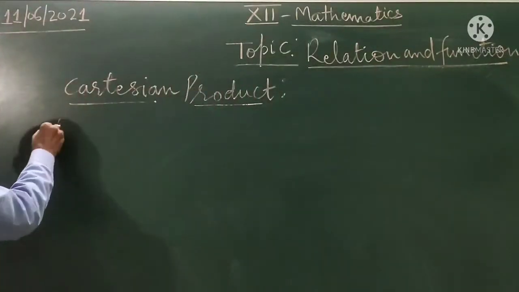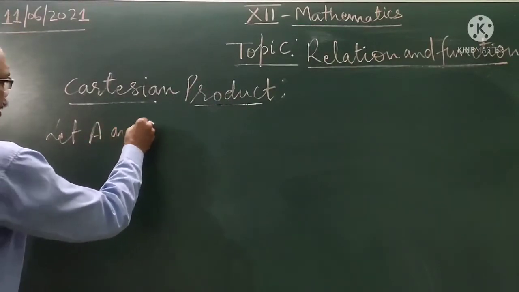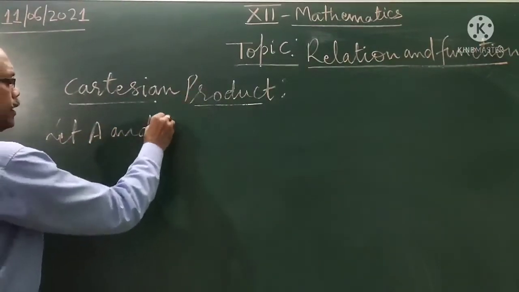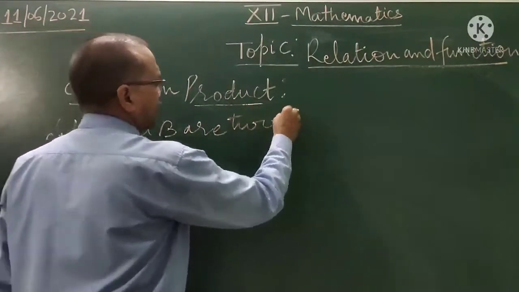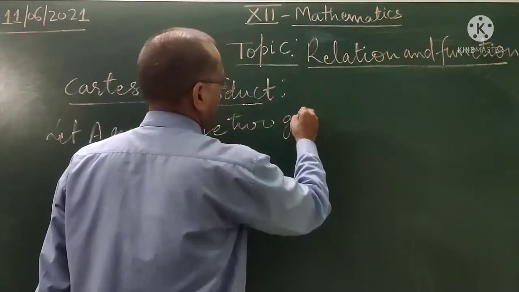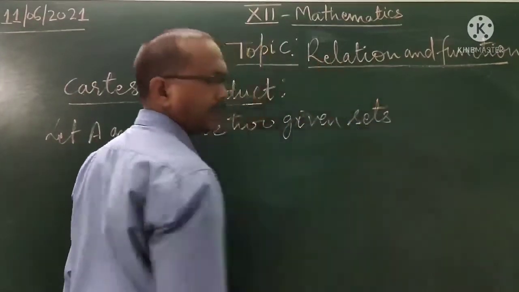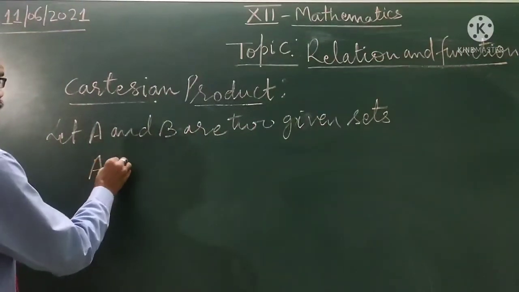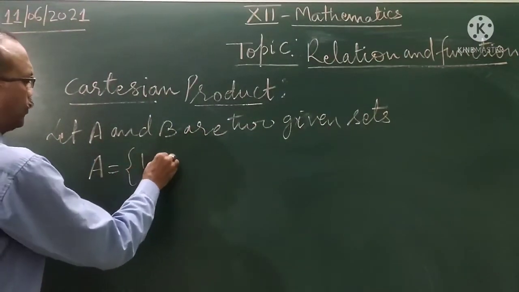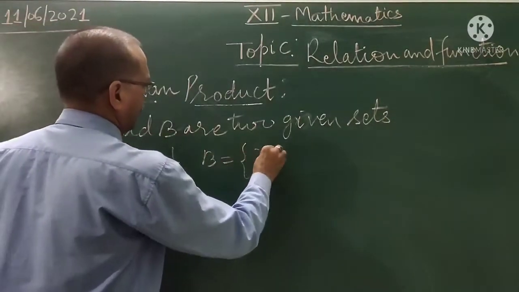Students, let A and B are two given sets. Let A equal to {1, 2} and B equal to {2, 3}.